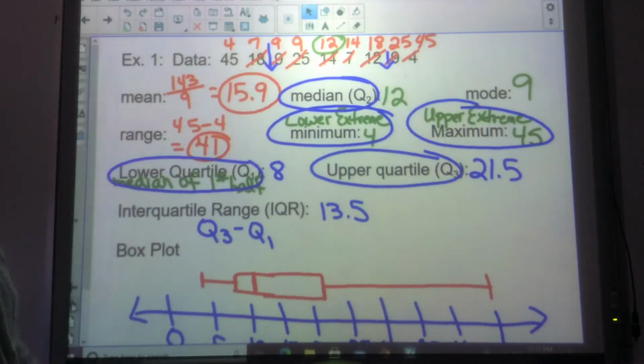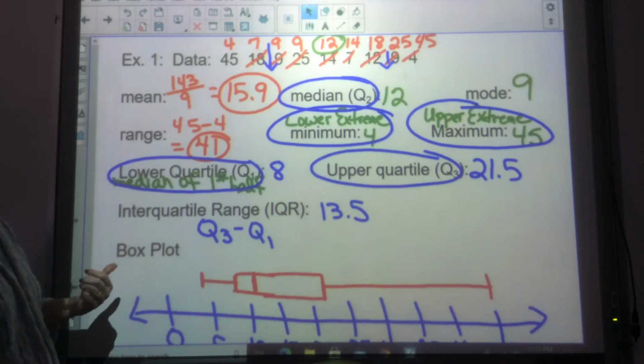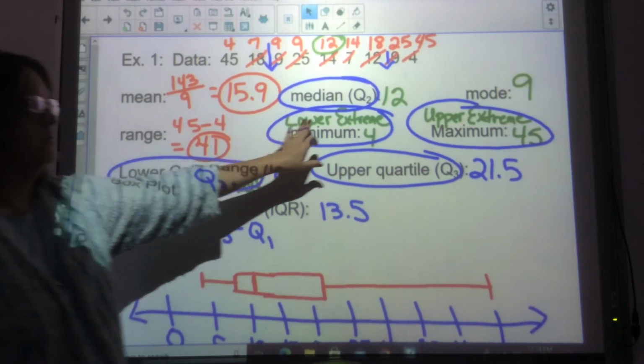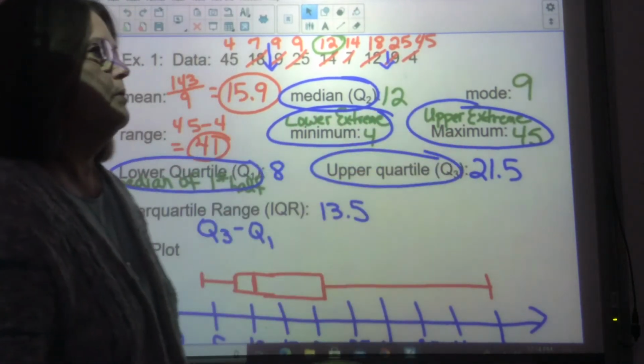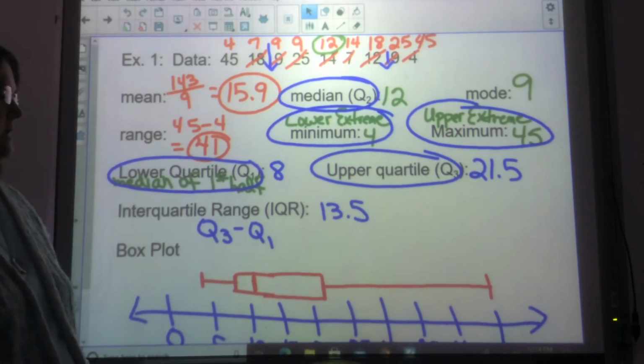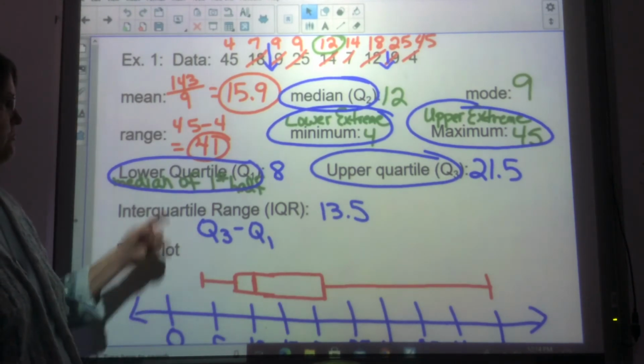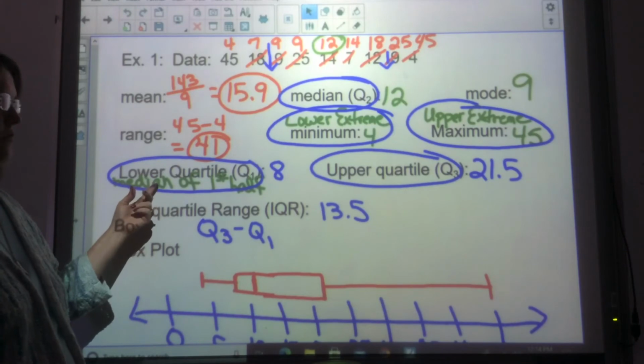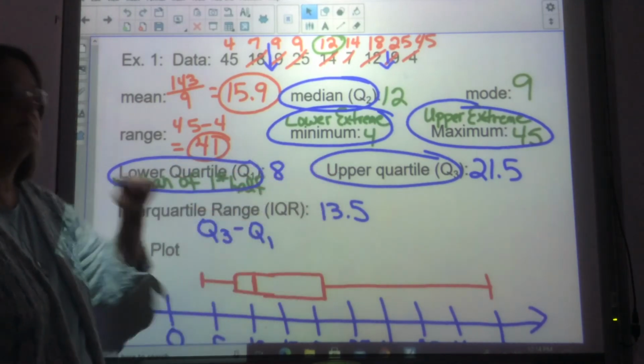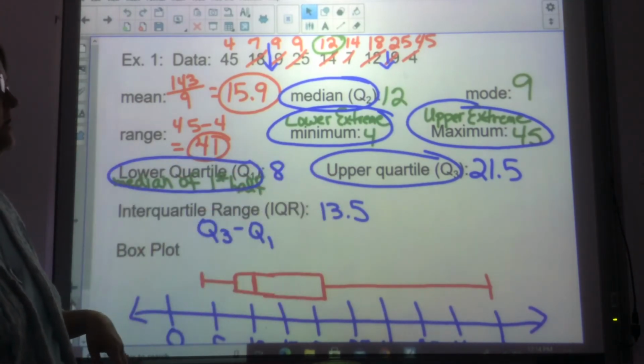Now, we're going to be doing a box and whisker plot, so we have to have 5 pieces of data on a box and whisker plot. You plot the low number, the high number, you plot the median, and then you do your Q1 and your Q3.